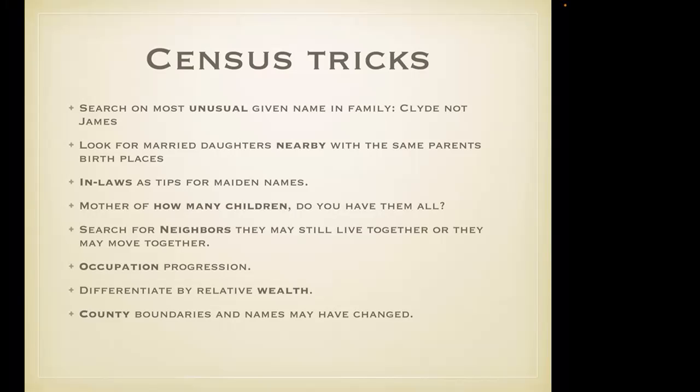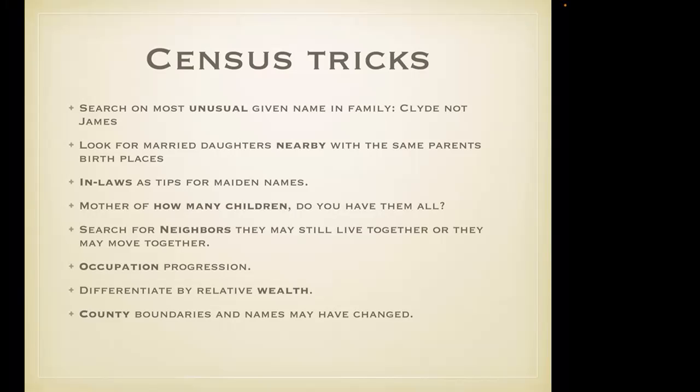Another trick is if you're not able to find your family, but you found them in a census a decade later or a decade earlier, you may want to look at their neighbors and see if you can find their neighbors in the census year you're trying to find, because sometimes they were neighbors for a long time.